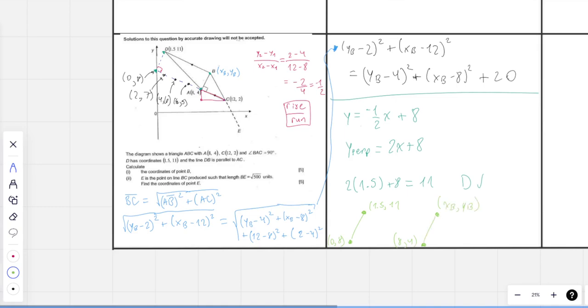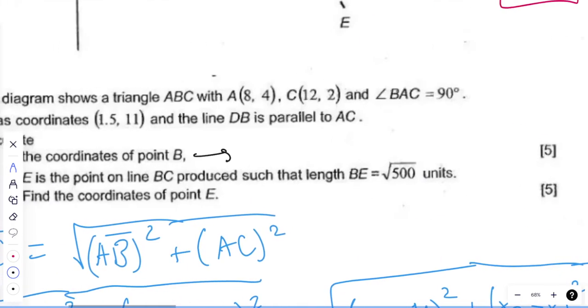What I notice here is that this goes up by 1.5 on the x and by 3 on the y. So I'm going to say that this is equal to 9.5 comma 7, the coordinates of point B. Let me know if that's correct.